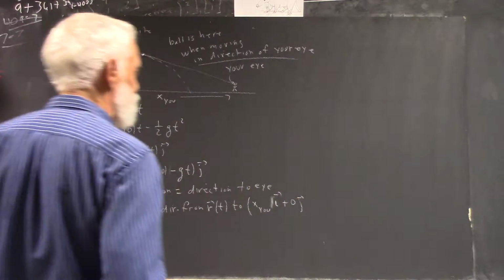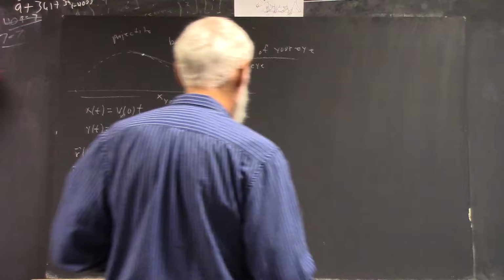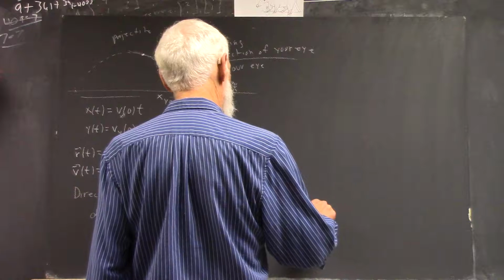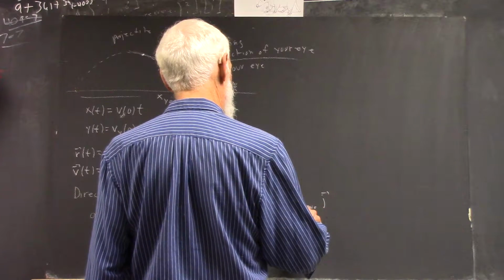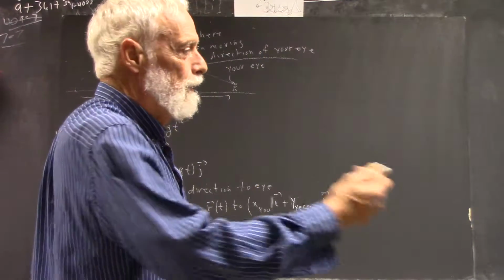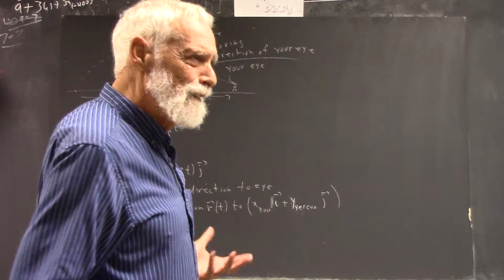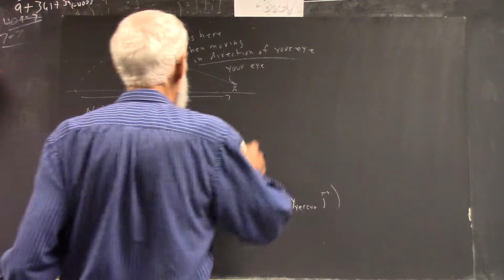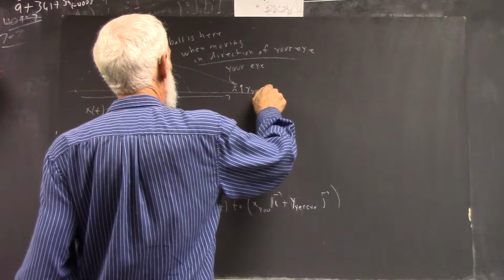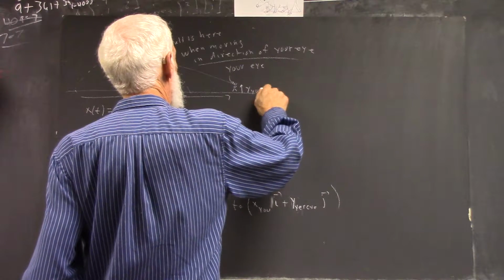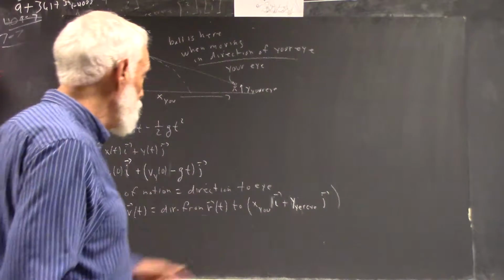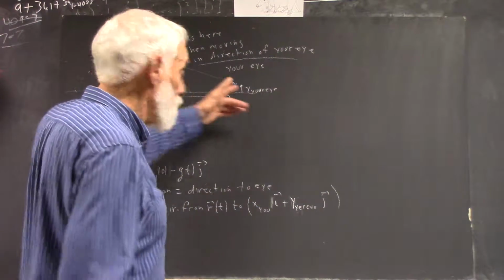That's y u, your i, j. Your eye having kind of a profoundly poetic feel to it. So wherever your eye happens to be, that's the vector that describes that position.